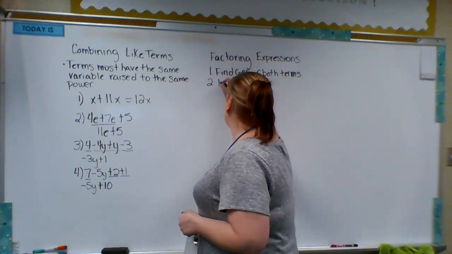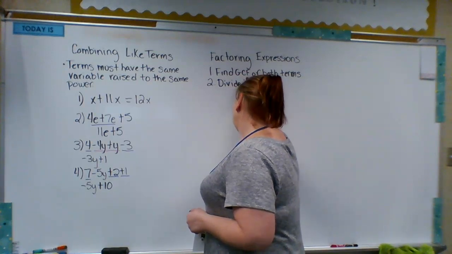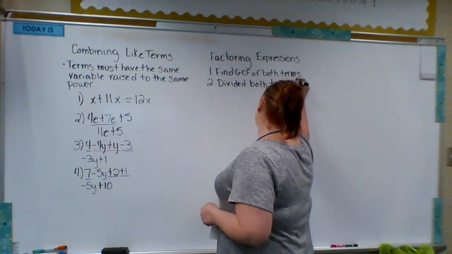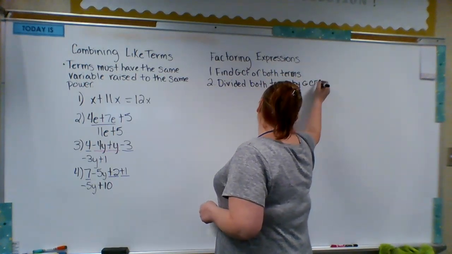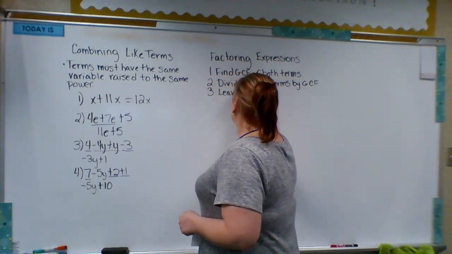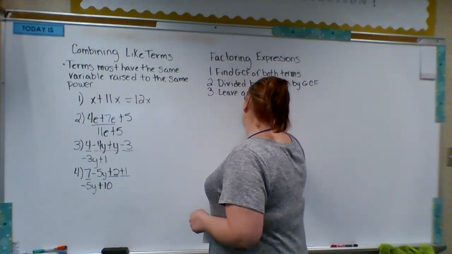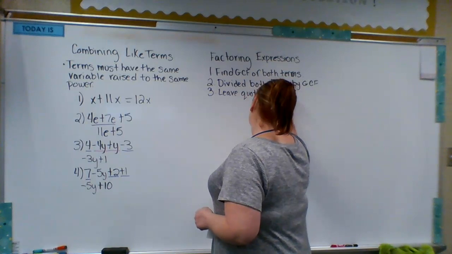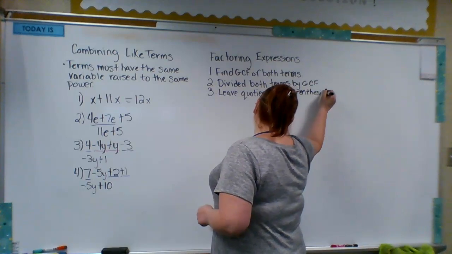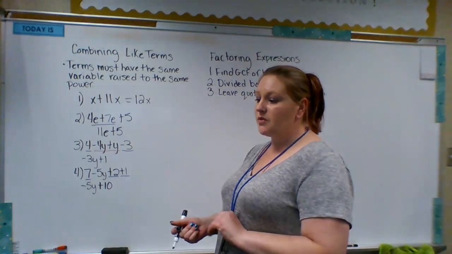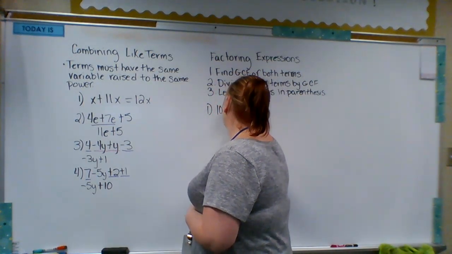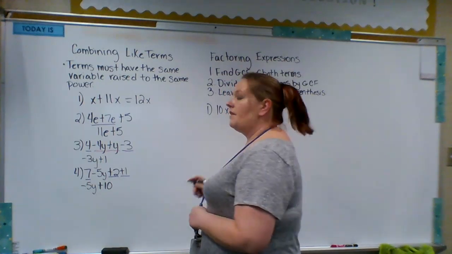Secondly, we divided both terms by the GCF, or greatest common factor. And then we leave the quotients in the parentheses. So for our examples, first, I have 10x plus 25.